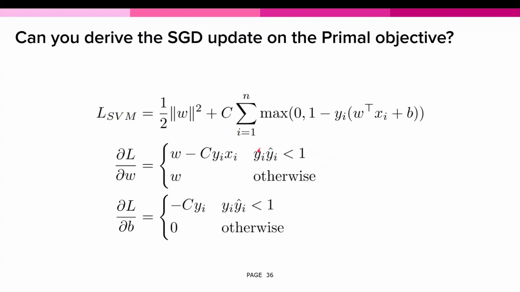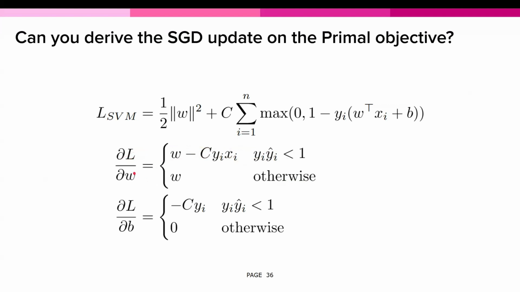One where yi hat is less than one, so that the term inside the max function is positive, and then one for everything else. And so you just sidestep the fact that the derivative isn't continuous.